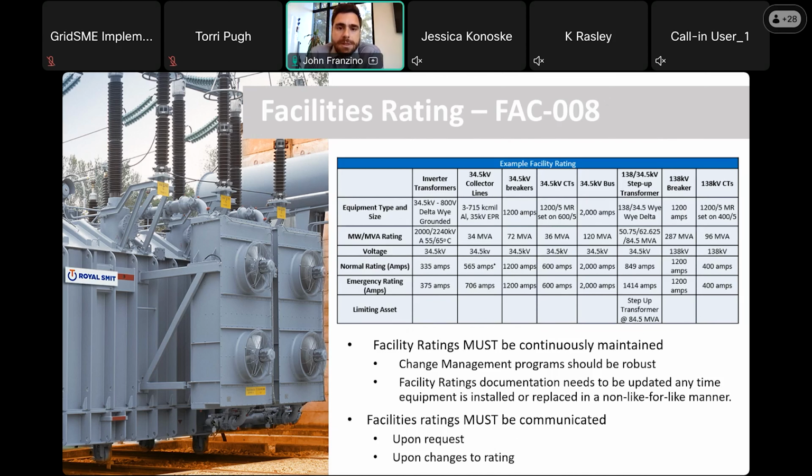You need to update your facility rating documentation and associated evidence to ensure that you didn't change your most limiting element. And you must be ready to provide the ratings upon request from one of the other reliability entities, and also have that ready upon any changes to your facility rating.